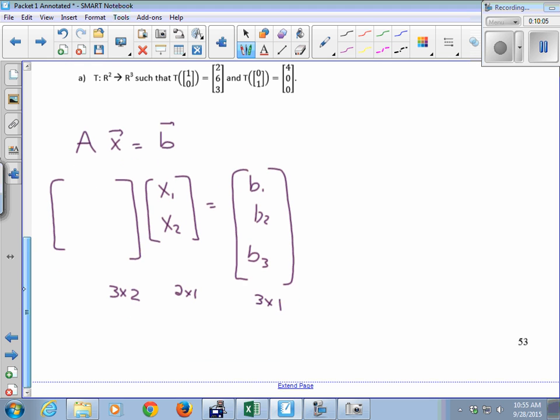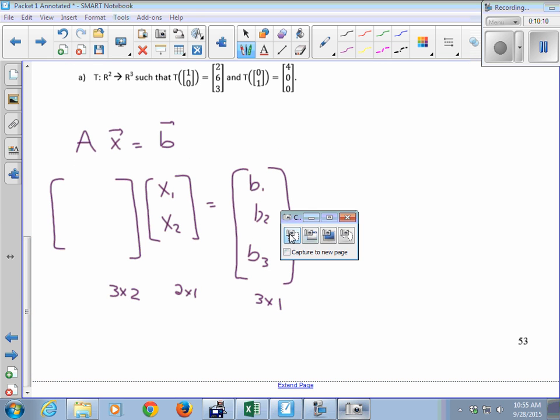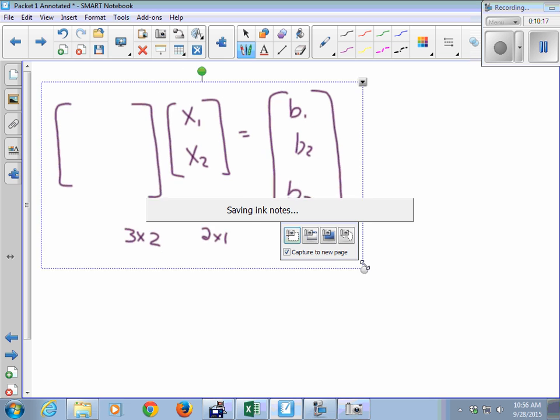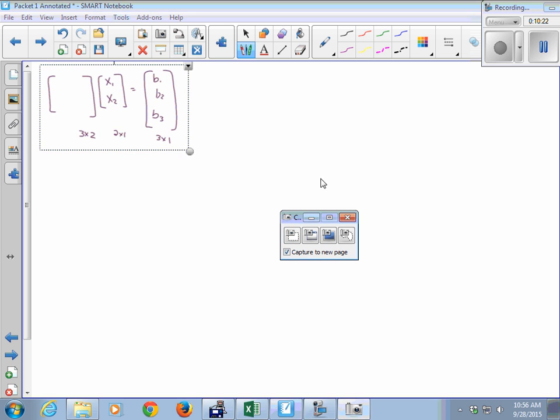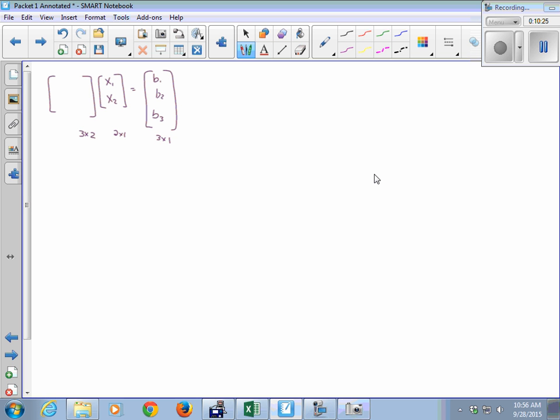Okay, so I need a matrix here, 3 rows, 2 columns, and I need to multiply by (1, 0) and get (2, 6, 3). Right?